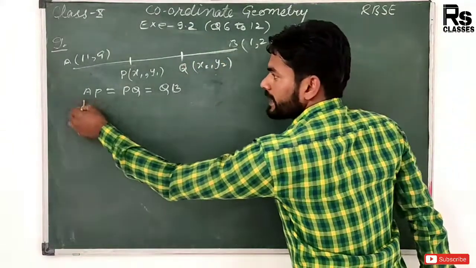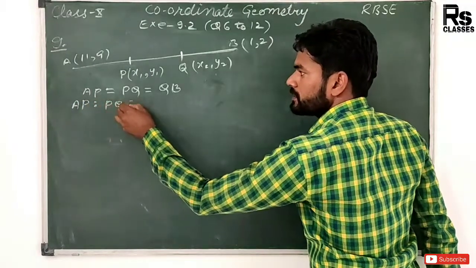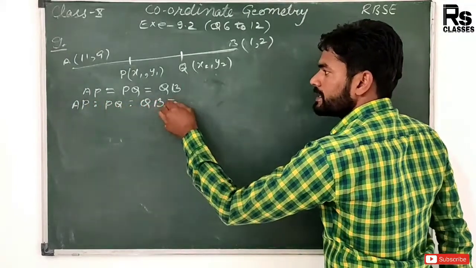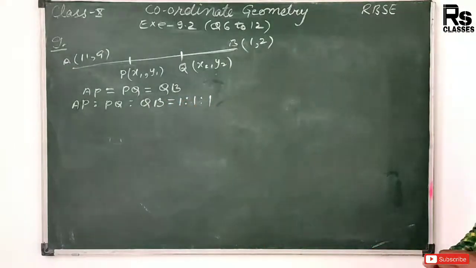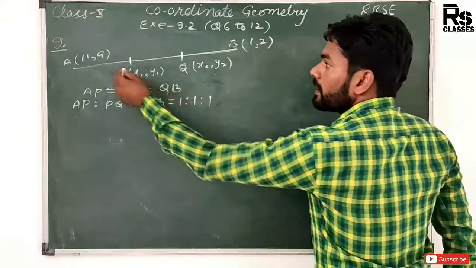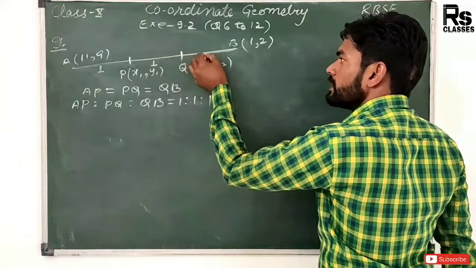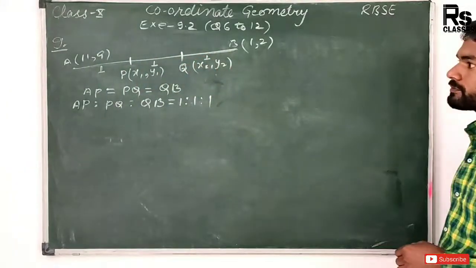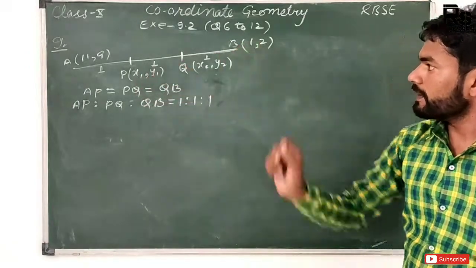So therefore we can say that AP ratio PQ ratio QB is equal to 1 ratio 1 ratio 1. Clear? Next, this is the ratio 1, it is also 1, and this is 1. Now we have to calculate the values of x1 and y1.